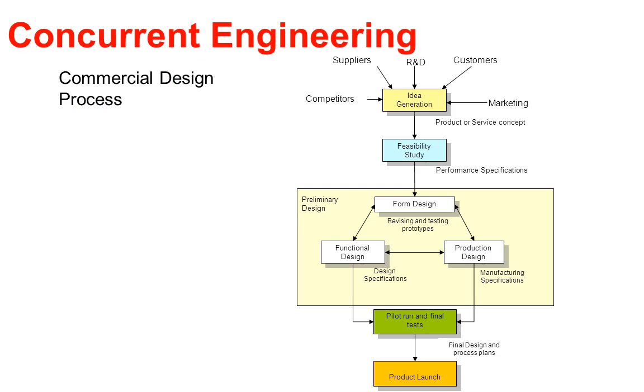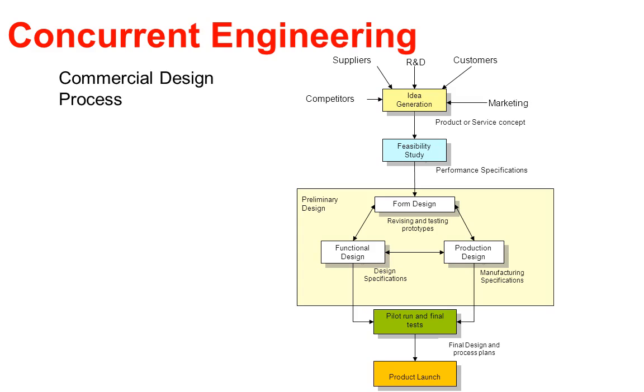The process of designing starts with idea generation. People involved in idea generation are competitors. We get the information from competitors, suppliers, research and development department, customers, and the marketing department, and an idea is generated. Product or service concept is received from the idea generation.